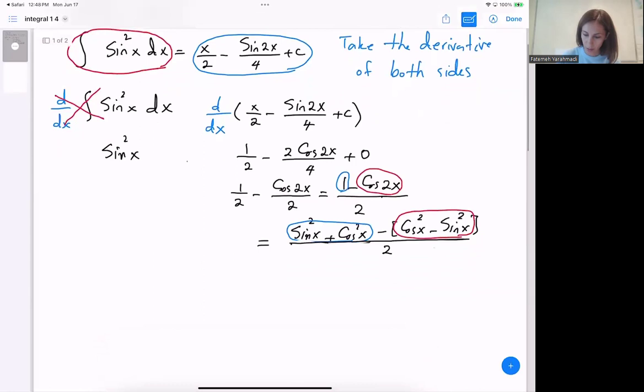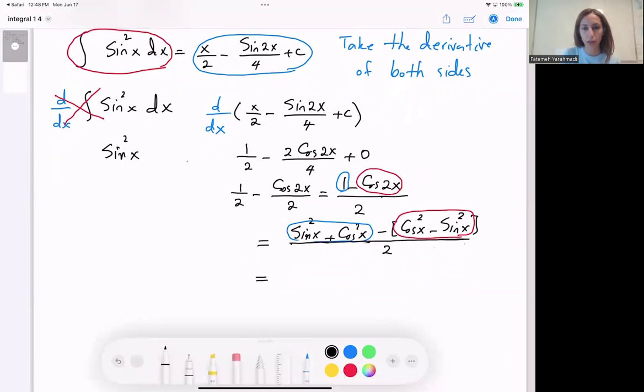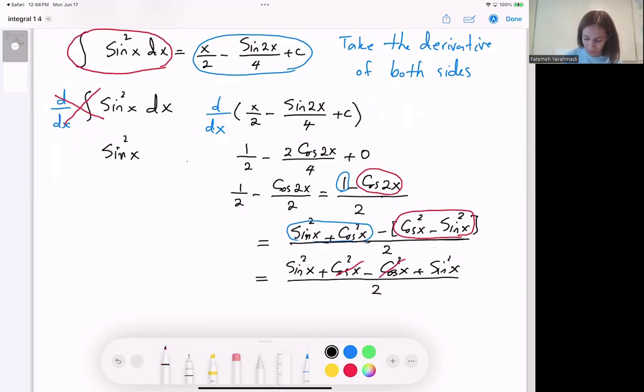This is equal to, if you distribute the negative sign into the parentheses, sine squared of x plus cosine squared of x minus cosine squared of x plus sine squared of x, divided by 2. Okay, cosine squared and negative cosine squared get canceled out. What is left? You get 2 sine squared of x divided by 2. 2 and 2 get canceled out. So you're left with sine squared of x.